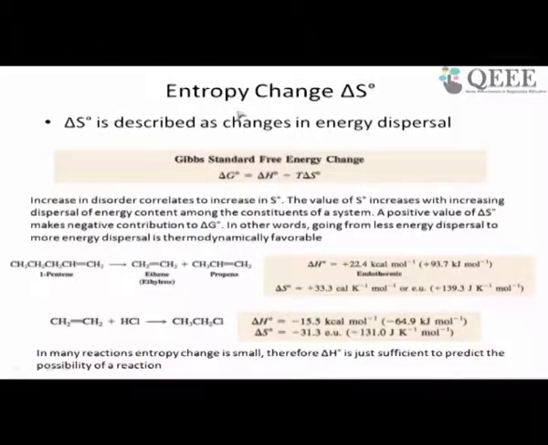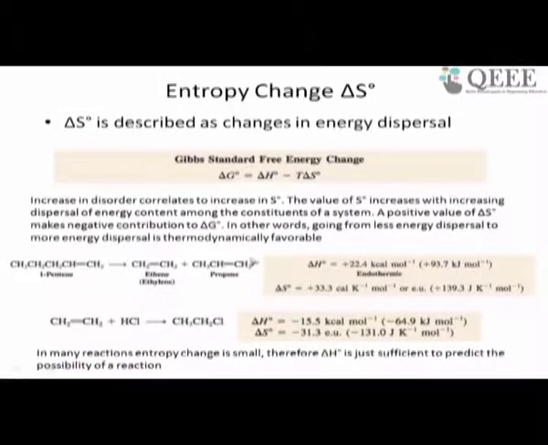Entropy change is described as a change in the energy dispersal. You all would have already studied in your lower classes that entropy is disorderliness, that is, going from less disorderliness to more disorderliness. This is very difficult to describe, but in reactions you can correlate it by saying that if you go from fewer molecules to more molecules, there is an increase in disorderliness.